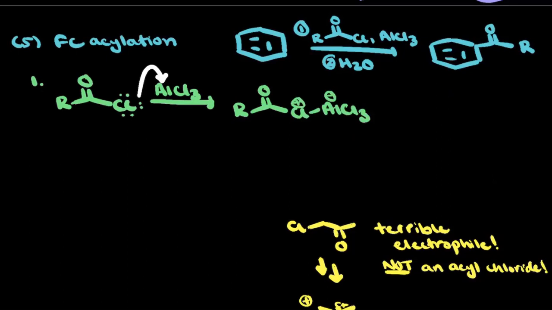And once again, you've formed a very good leaving group. In this case, you're actually going to want it to leave to form a very unstable intermediate, which looks just like this, which is called your acylium ion.